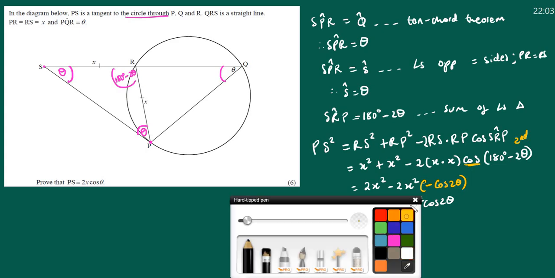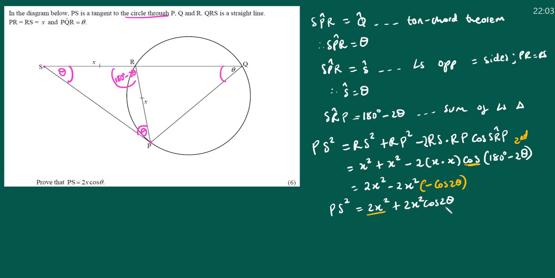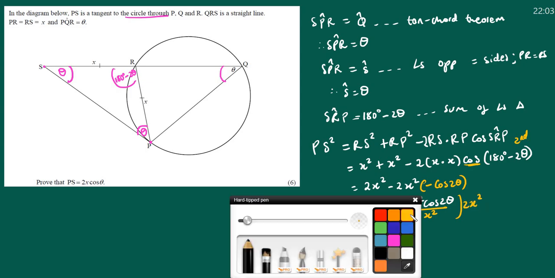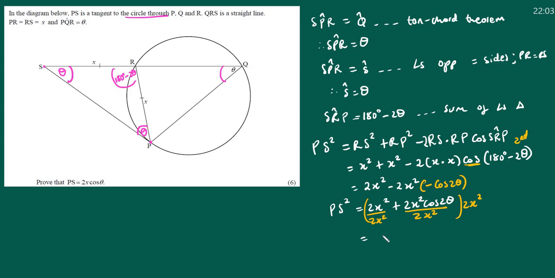I believe we can see that 2 is common in both, x squared is common in both, so we can say 2x squared, 2x squared. Don't forget to multiply by it, right? Then what are you going to have? You have 2x squared into 1 plus cos 2 theta. Then you have PS squared.